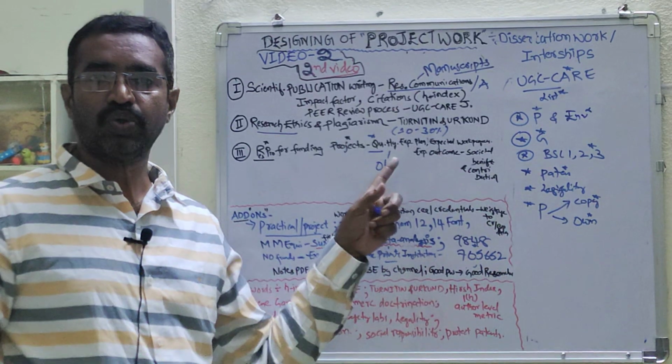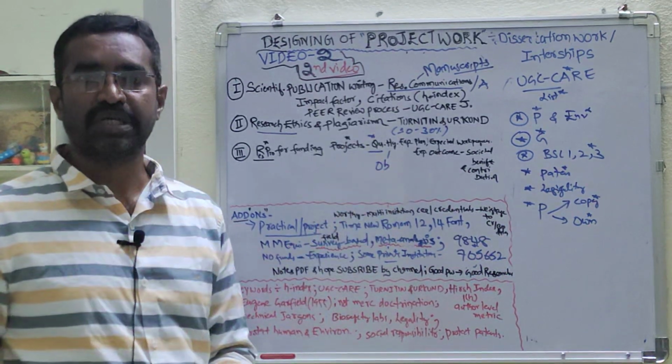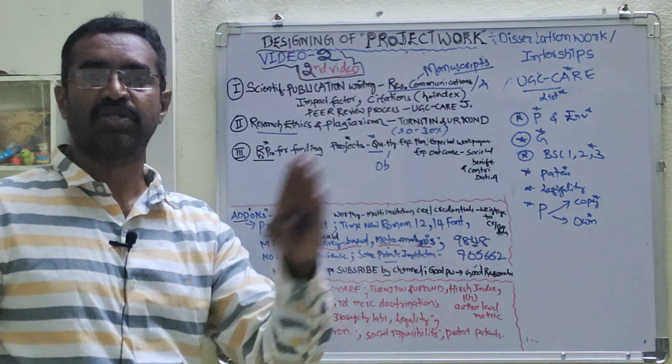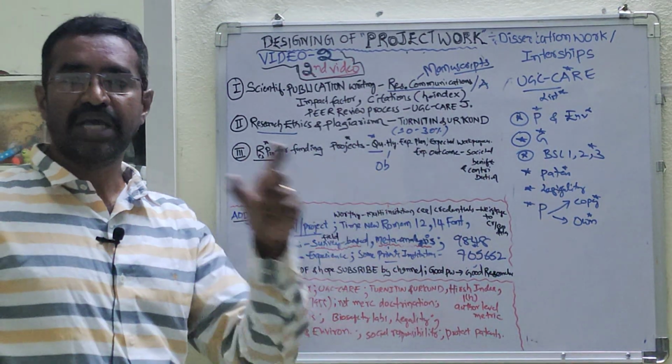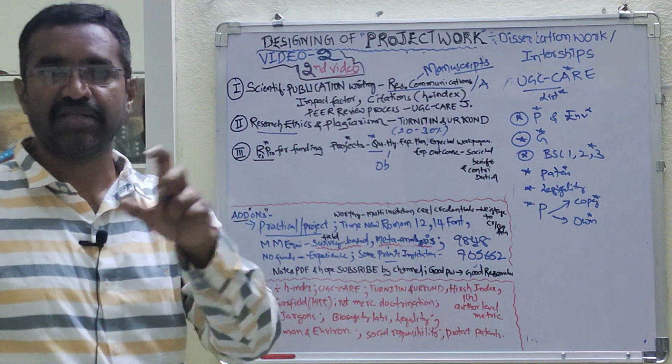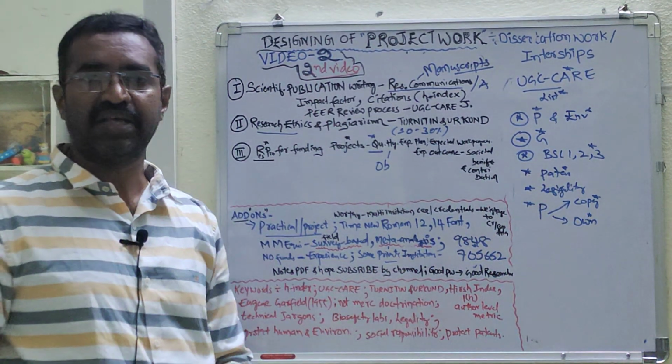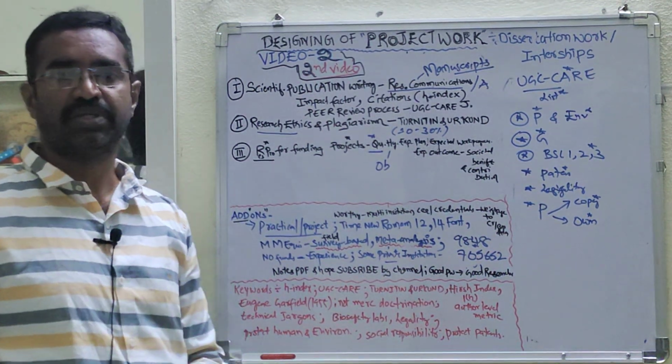Here you are also going to mention your work progress within 1, 2, or 3 years, what percentage of work you are going to cover, and how much funding is required.